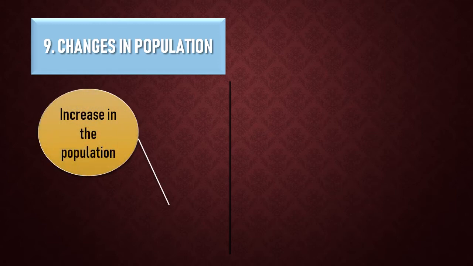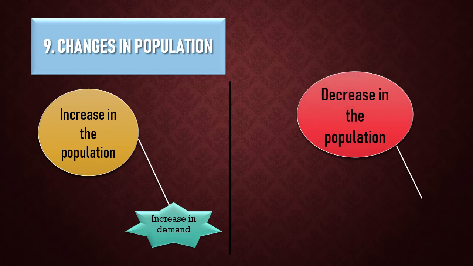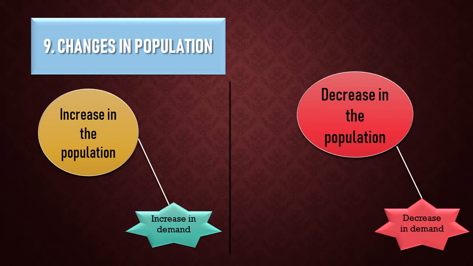So it is explained like this. If there is an increase in the population, it will increase the demand also. And on the other hand, if there is a decrease in the population, it will decrease the demand also. So that's all the points which affect the demand.